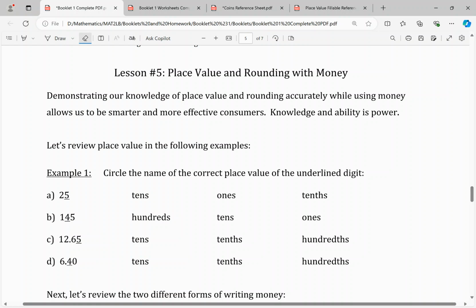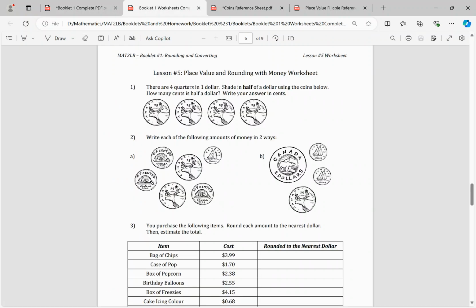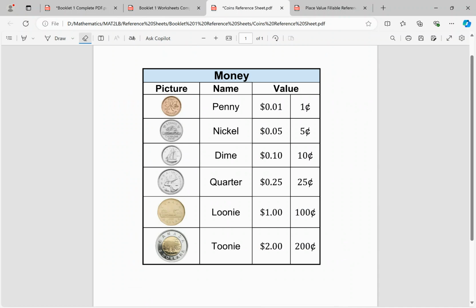Some sheets that you might want to have for this lesson are the following. Obviously, you will need to have the lesson itself, lesson 5, and the worksheet that comes afterwards. In the back of your binder, I will be referencing the coins sheet. We're working with money, so again, if you struggle with the different coins and what they represent, you might want to pull this out.